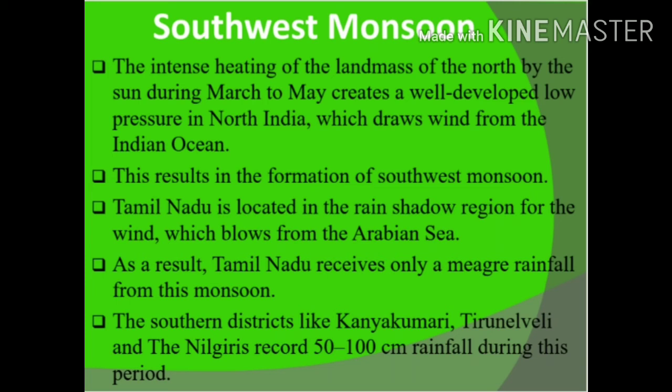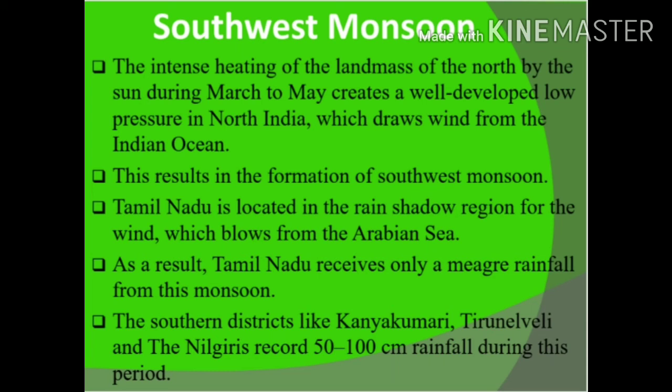That is, Tamil Nadu is located in the rain shadow region of the wind that blows from the Arabian Sea. As a result, Tamil Nadu receives only a meager rainfall from this monsoon. Because Tamil Nadu lies in the rain shadow region, it gets only a small amount of rainfall in the southwest monsoon.